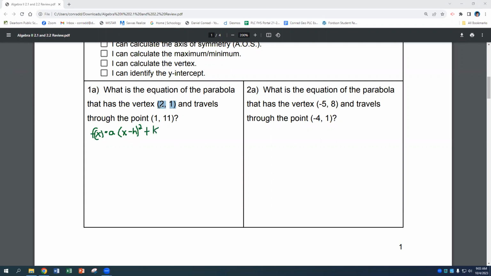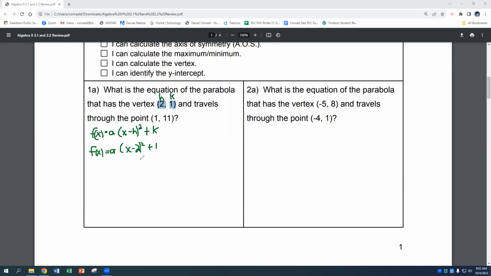I'm going to substitute in my h and my k for my vertex: f of x equals a times (x minus 2) squared plus 1.